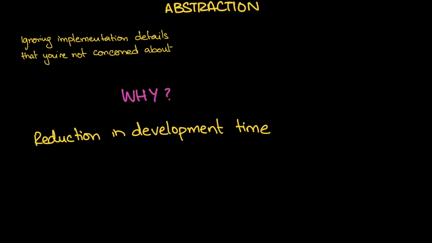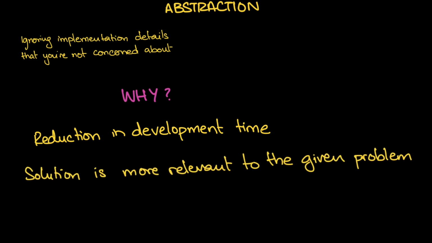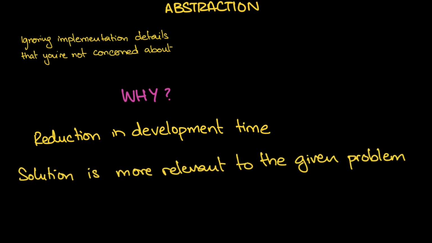A second reason is that our solution is more relevant to the given problem if we abstract away the details. If we focus on only the details that the task revolves around, then we can build a more task-centric or problem-centric solution, instead of branching out in all directions, doing stuff we don't need to do and dealing with details we don't need to deal with.